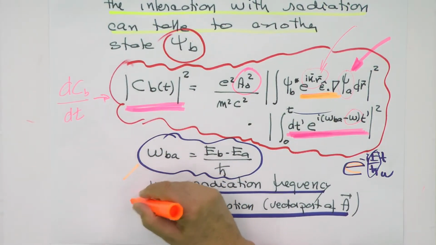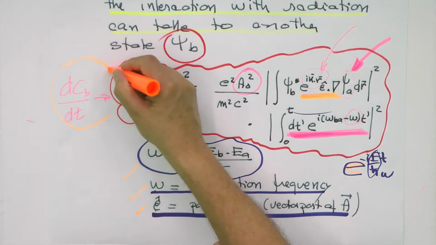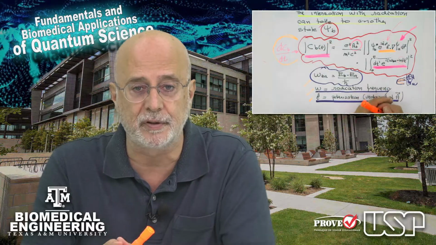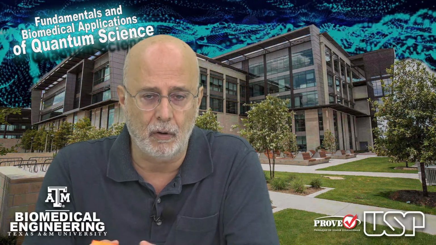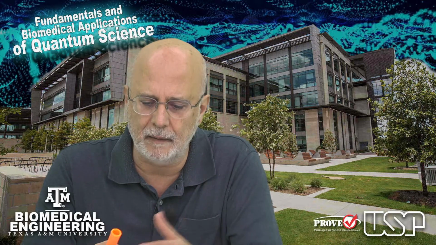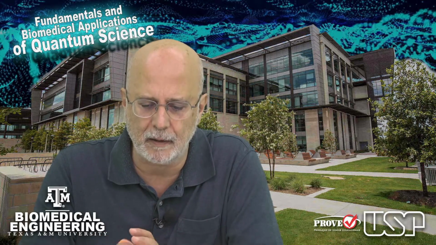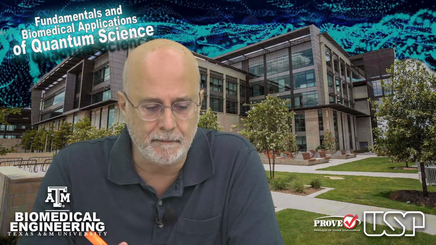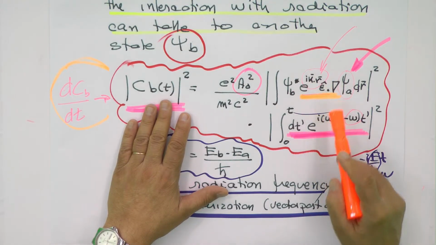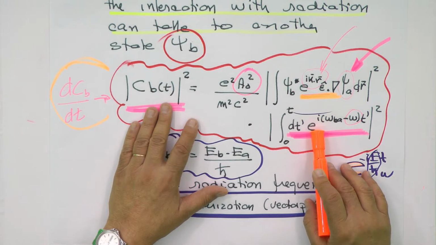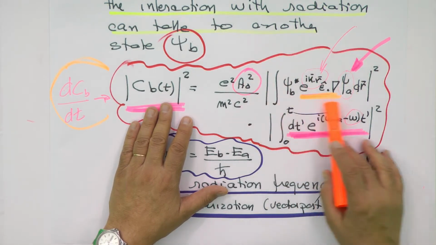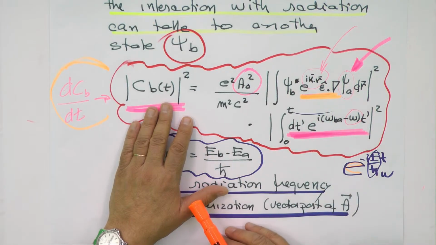So with all those definitions and explanation of how we do this, I hope you are interested enough in this topic that you can go to books of quantum mechanics or quantum optics or quantum electronics, that's there everywhere. Okay, so you see, for this coefficient to exist, this must exist and this must exist and be non-zero. And that's what we're going to do now. We're going to analyze when this is not zero and when this is not zero.